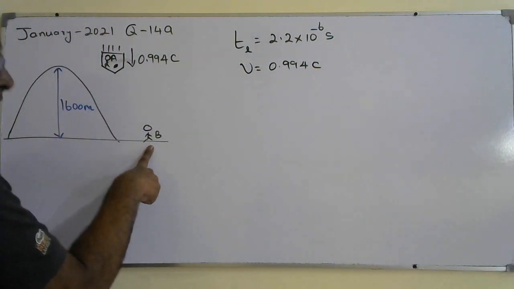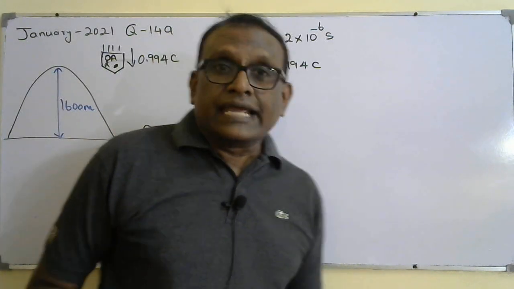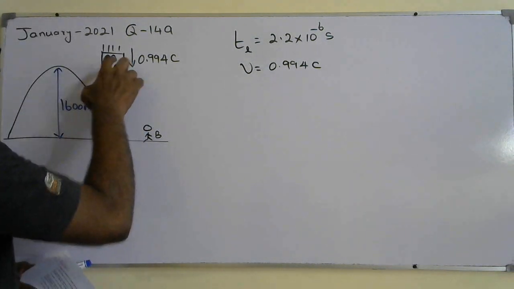But observer B, the scientists on the ground, are measuring the time taken by the muon to reach the ground.